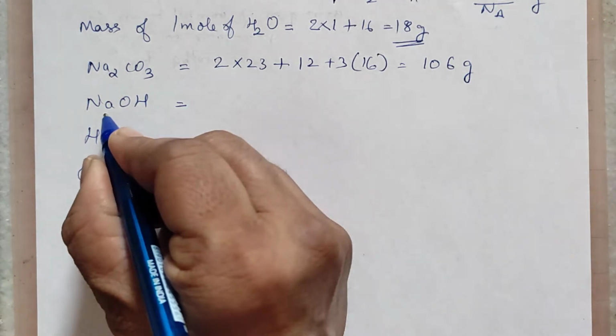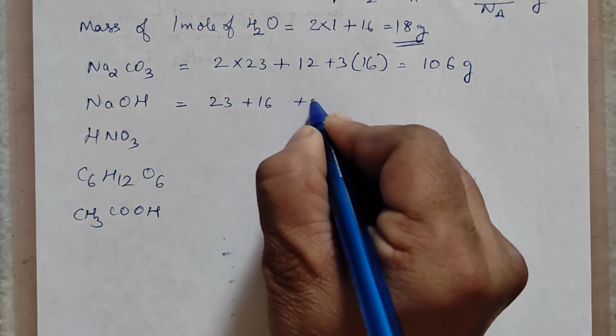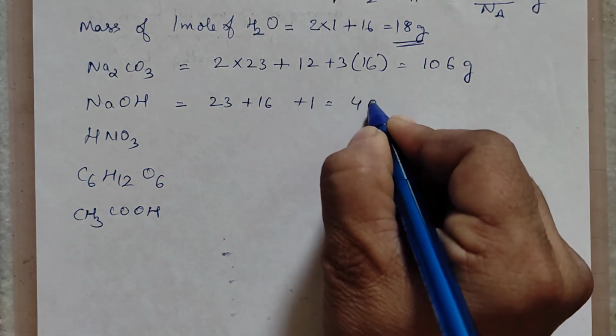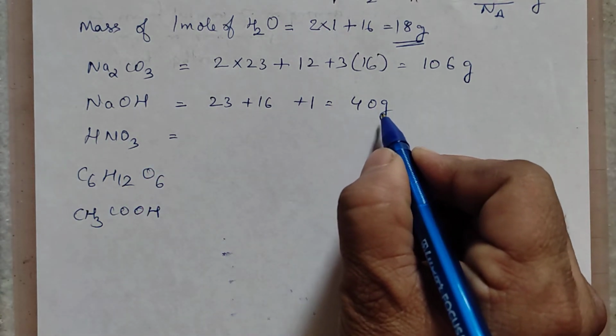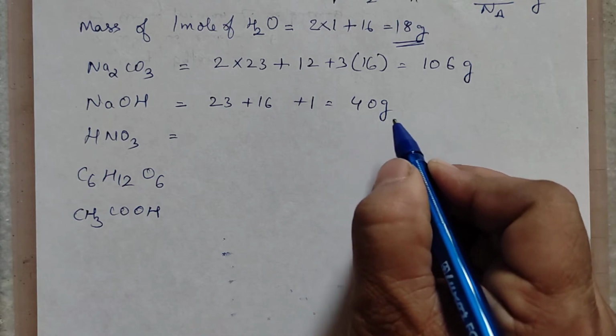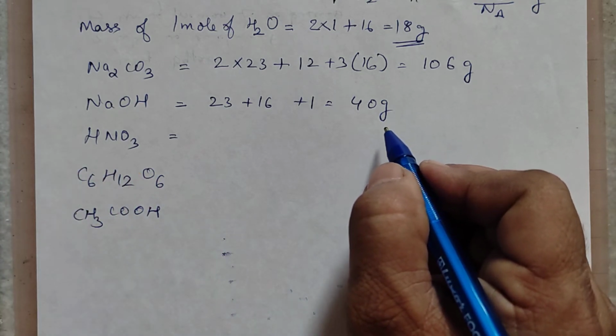NaOH: sodium is 23 plus 16 plus 1, that is 40 gram. Atomic mass is 40 gram. If you are writing in AMU, 40 AMU will be the mass of 1 NaOH molecule.